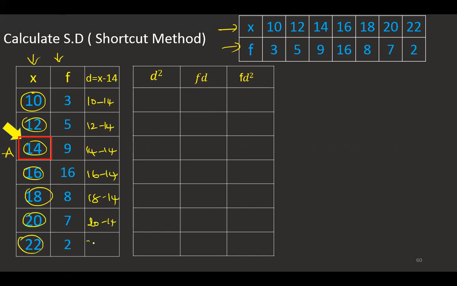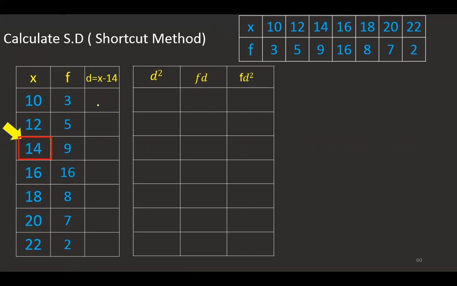Here 22 minus 14. This is what I'm going to calculate now. So 10 minus 14 obviously gives you minus 4 here. 12 minus 14, minus 2. 14 minus 14, 0. 16 minus 14, 2. 18 minus 14, 4. Now 20 minus 14 gives you 6. 22 minus 14 gives you 8.